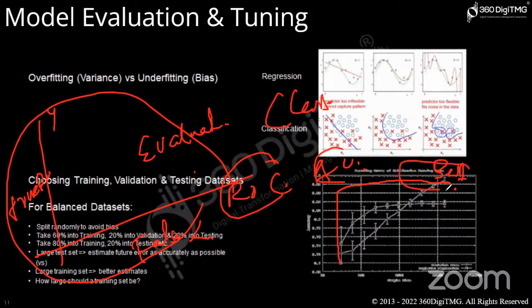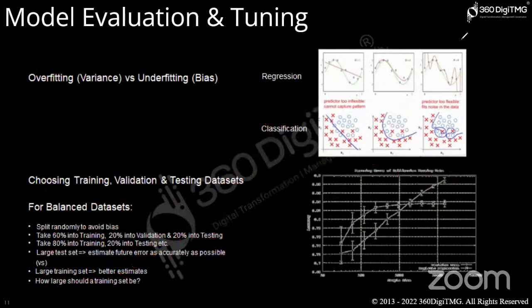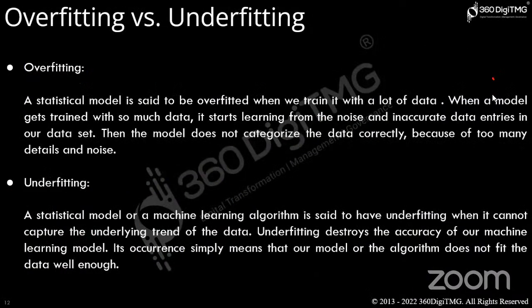Additionally, we can go for the ROC or AUC curve, receiver operating characteristic, area under the curve. So these are the metrics that we will be using for evaluating the classification case or the regression case. Same, what is overfitting?